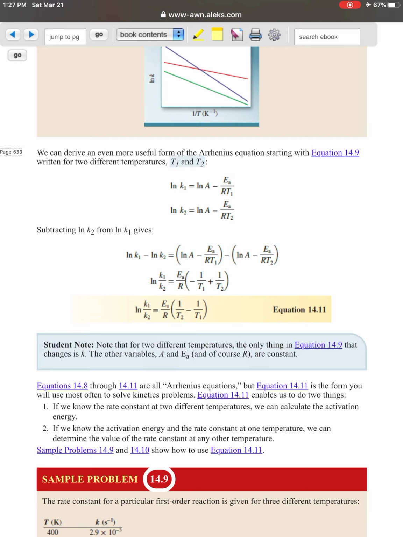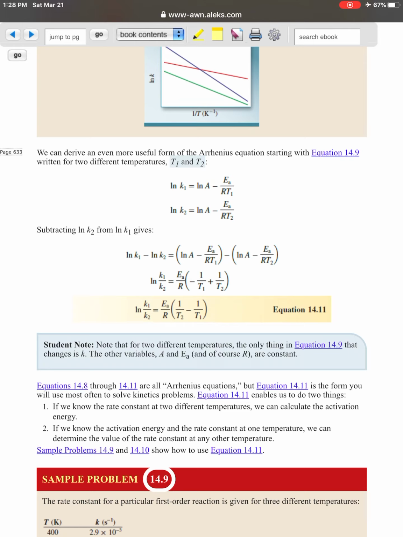That would be equal to minus E sub A over R. We're going to factor out the E_A over R, and then we would have minus 1 over T1 plus 1 over T2. Well, if you have minus something plus something else, you write the second term first minus the first. So now you get ln k1 over k2 equals E_A over R times 1 over T2 minus 1 over T1. So if you know two temperatures and you know one of the rate constants, you can predict the other rate constant.